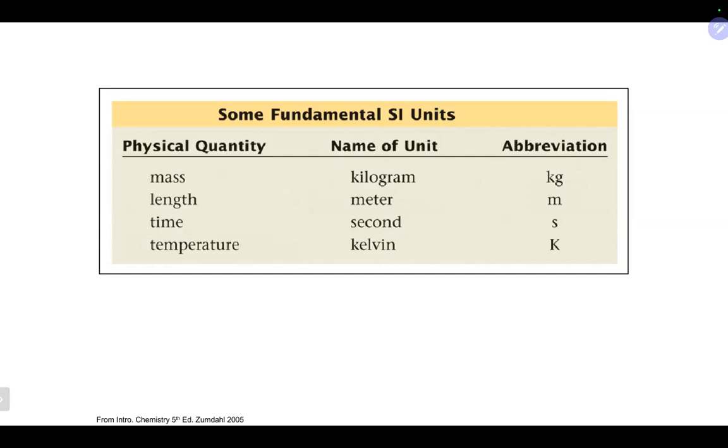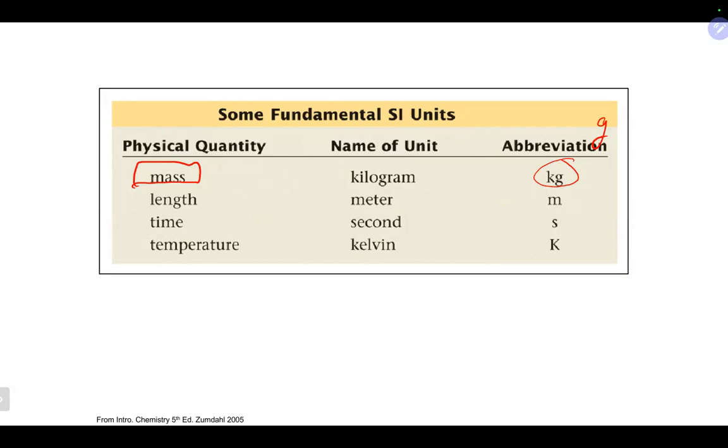Although, for the most part, when we measure the mass of something, a lot of times we measure in the units of grams. It is usually a more convenient unit that we use. Length, the unit there is meters. And we do see, as we'll see later, centimeters, millimeters. These are units that we come across a lot. The SI unit for time is seconds.